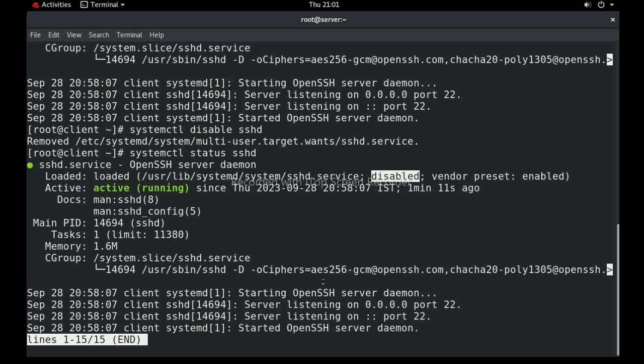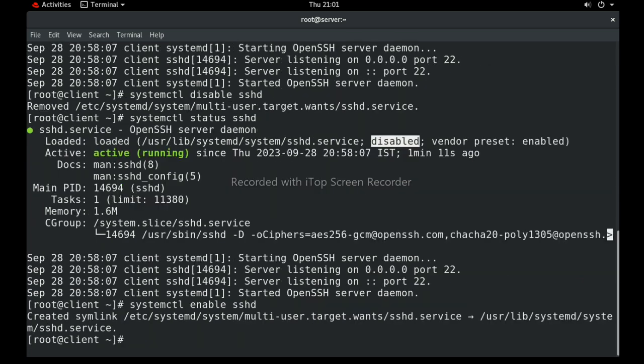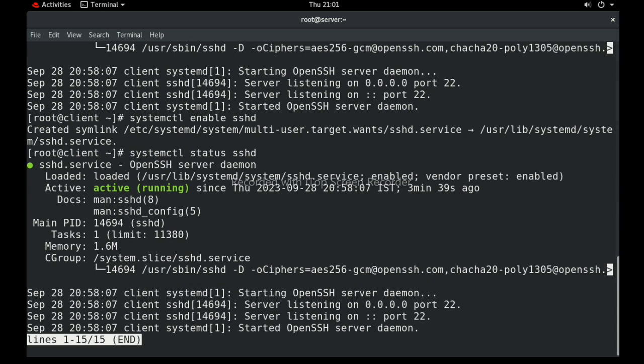To bring back this service in the enabled state, we can use the command systemctl enable, and if you check the status, you can see here this service is enabled to start during the boot time. Now this allows users from the other systems to connect remotely to this particular server using SSH.